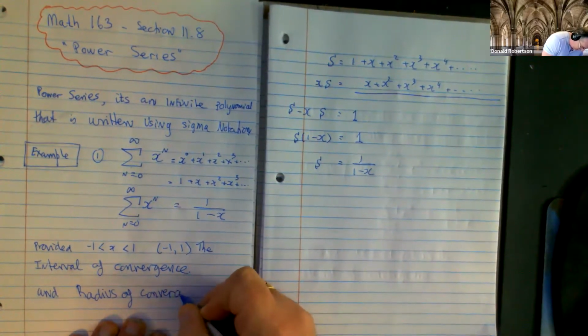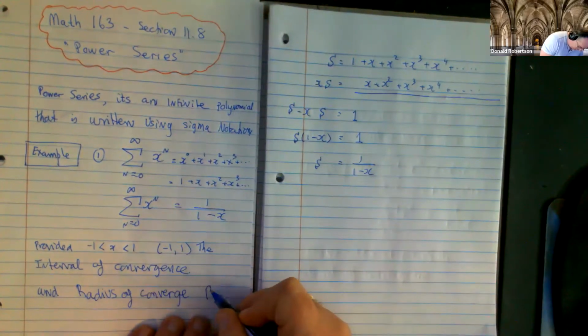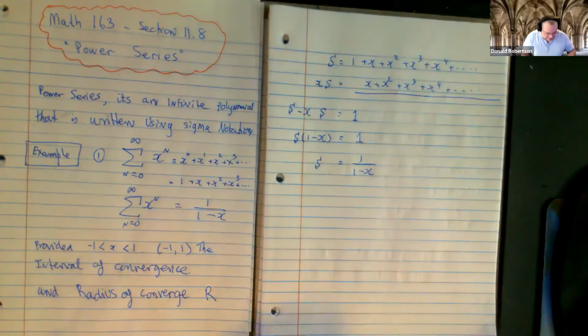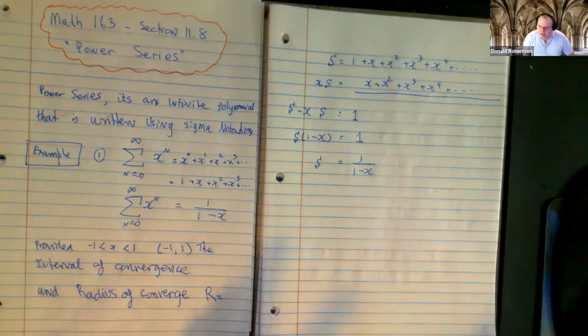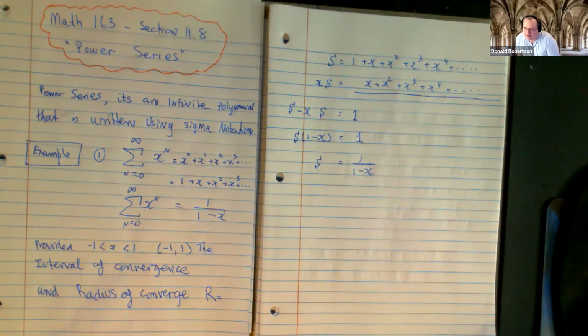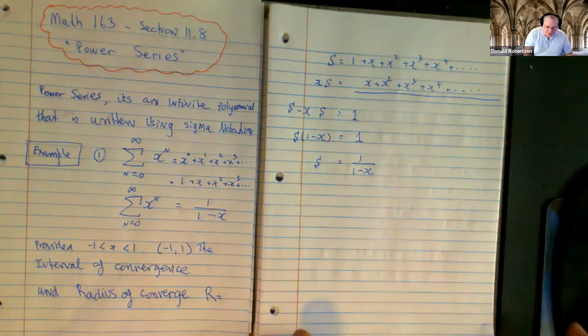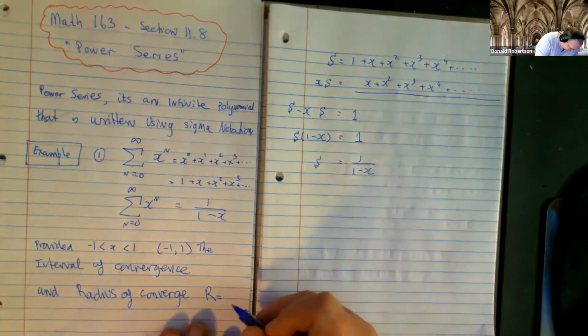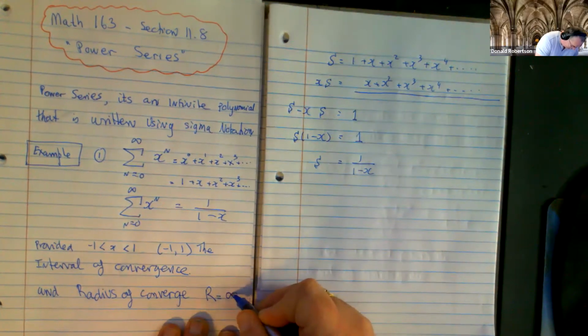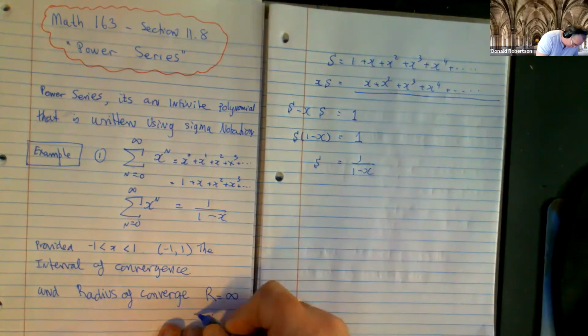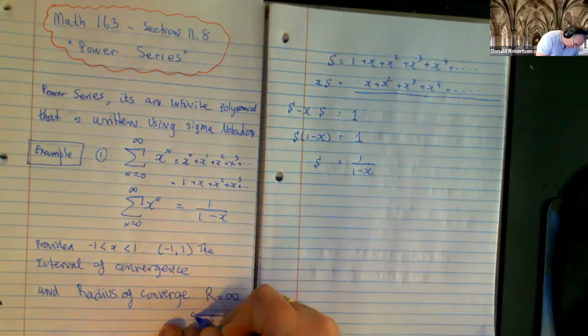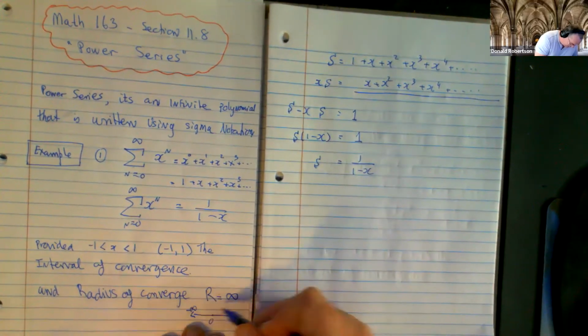And the radius of convergence is very often r equals, and it's a number. Like r equals 0, r equals 1, r equals infinity. Essentially, the radius of convergence tells you how far from the center outwards you go. So for instance, if the radius of convergence is infinity and you start at 0, that means it works for everybody, right?